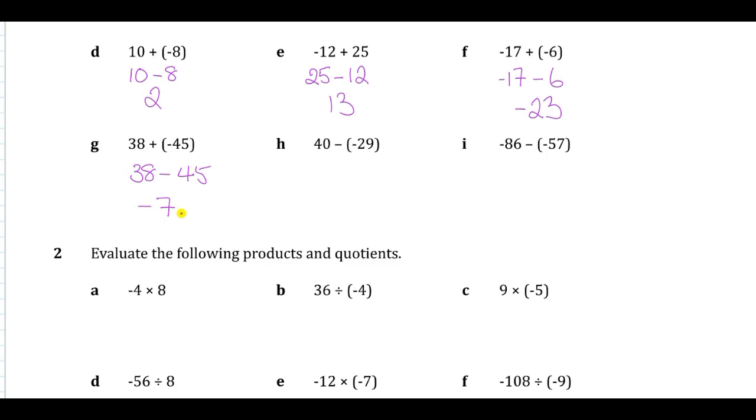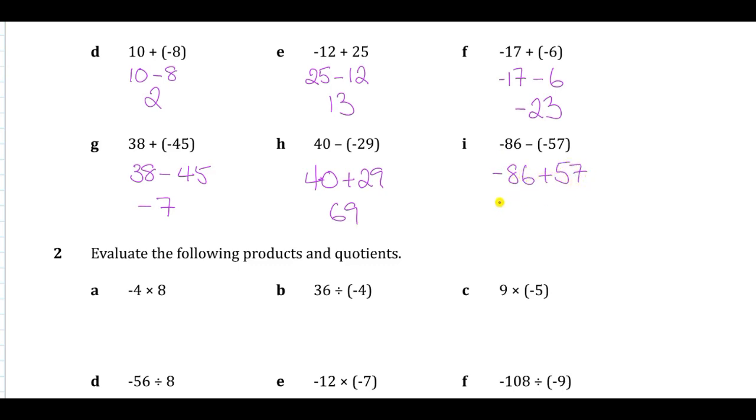40 subtract a negative 29. If the signs are the same, the sign changes. 40 plus 29 gets me 69. Negative 86 subtract negative 57 will produce negative 86 plus 57.